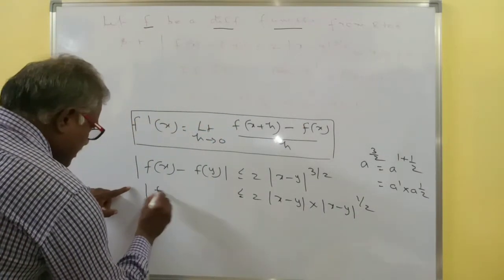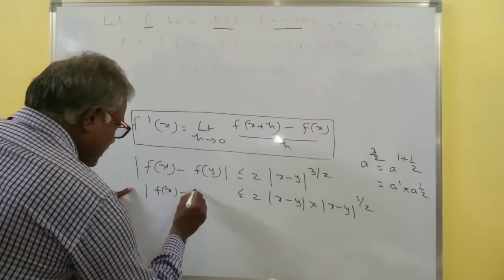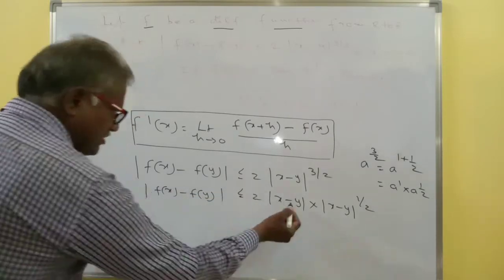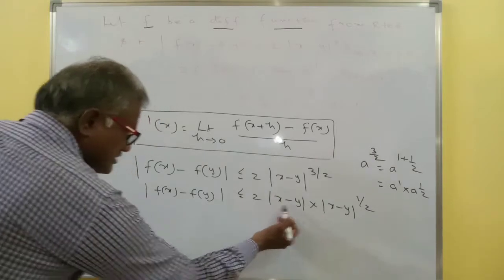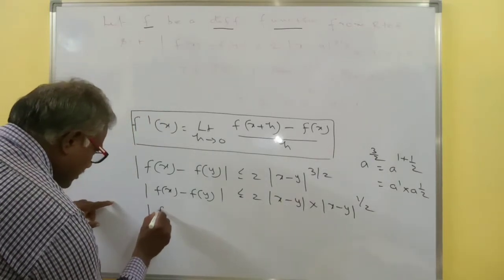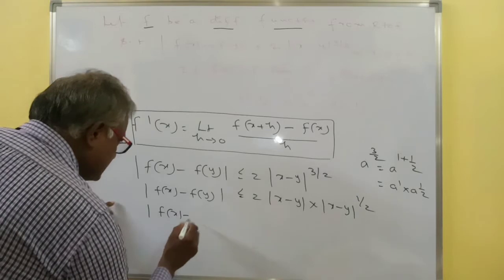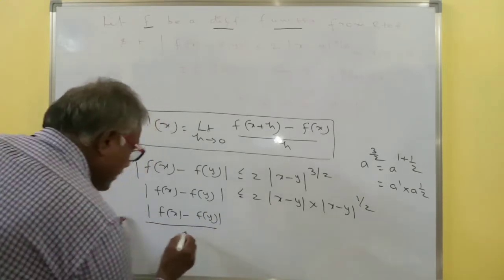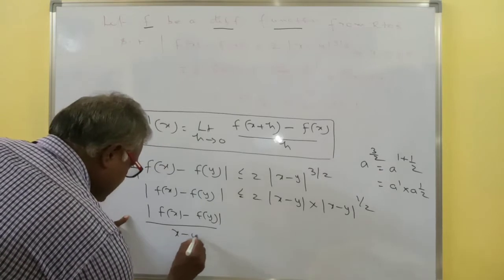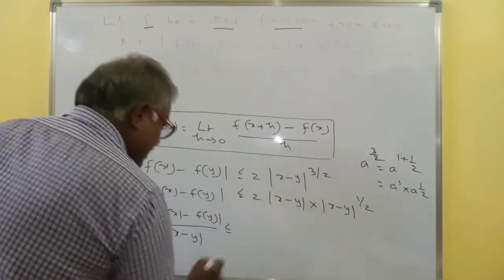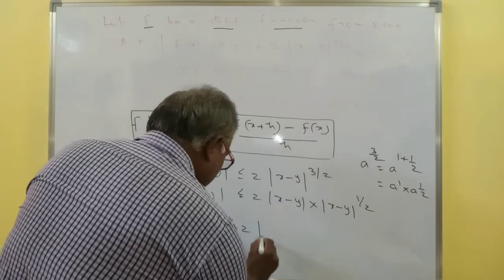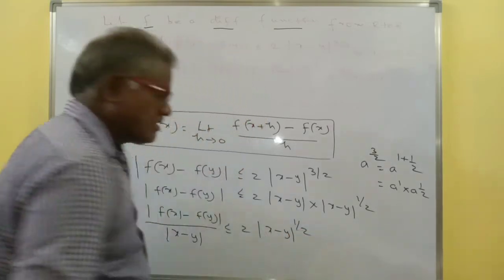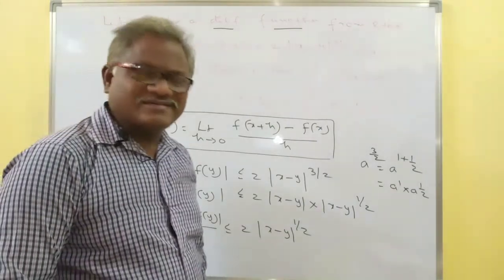So, f of x under modulus. Now, just you have to transpose this under the denominator. Modulus f of x minus f of y divided by x minus y is less than or equal to 2 into mod of x minus y whole power 1 by 2.